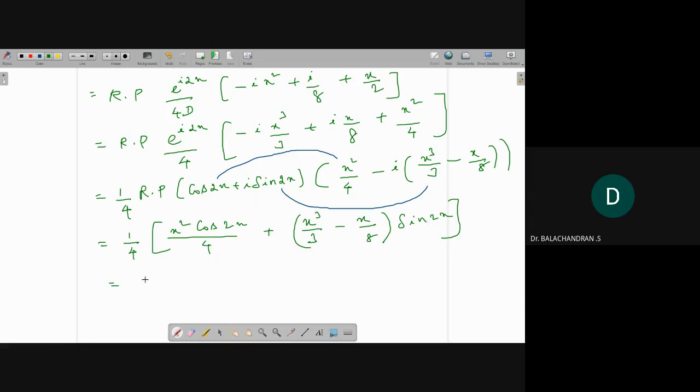So even if you want, write y equals CF plus PI. What is the CF?